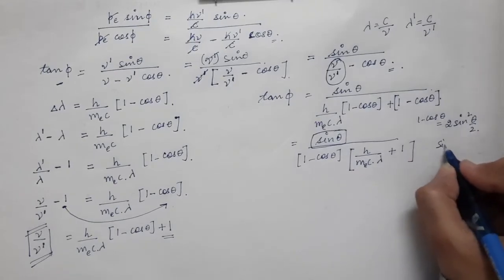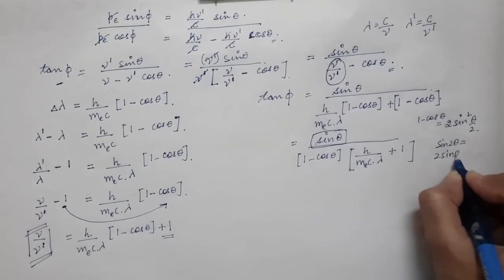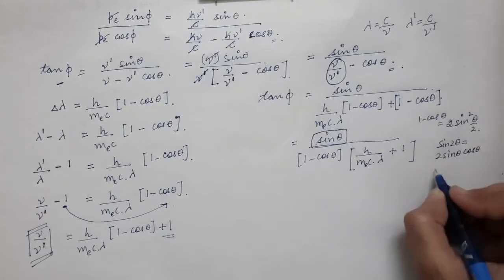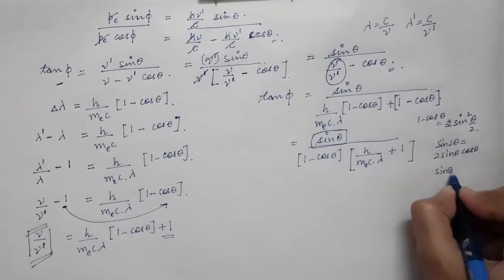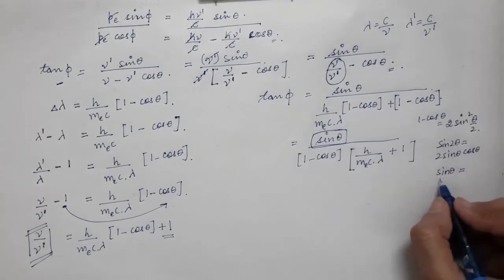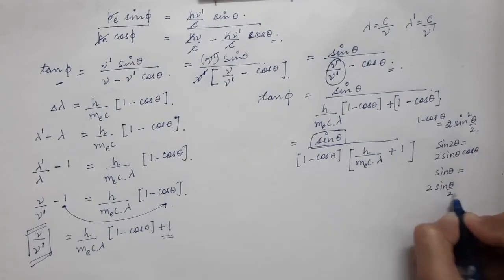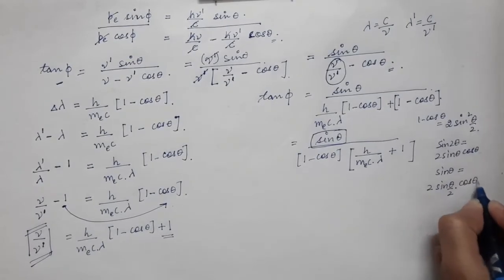Now as we know that sine 2 theta is equal to 2 sine theta cos theta. So what will be sine of theta? Sine of theta can be written in the same form, as 2 sine of theta by 2 into cos of theta by 2.